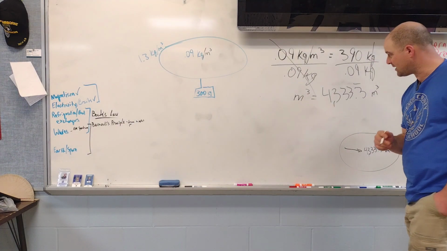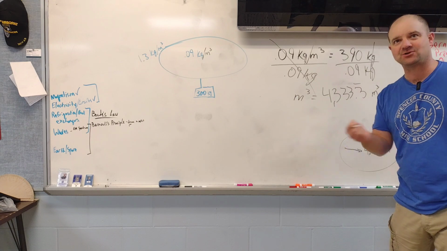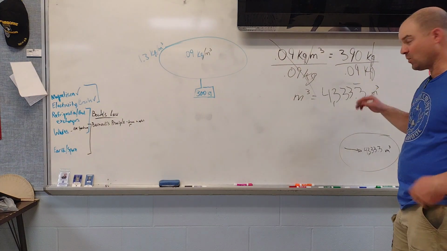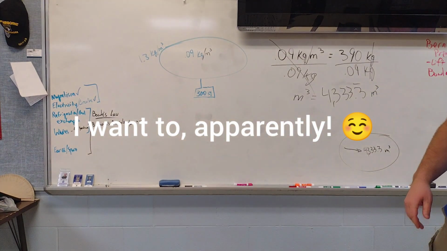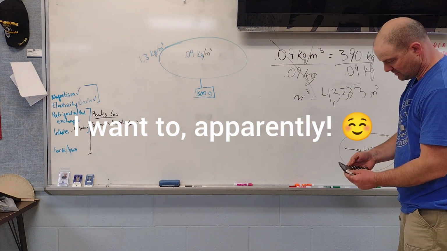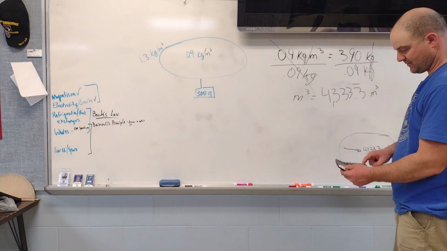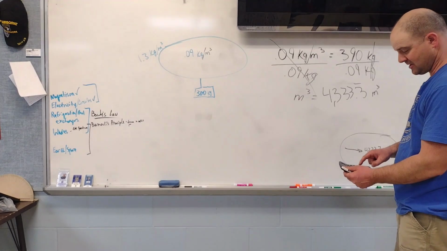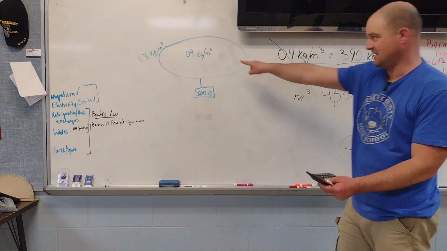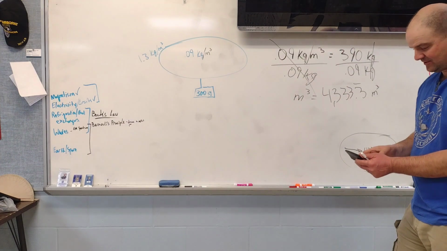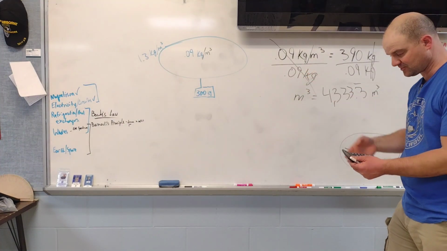And if we want, we can say, well, how much weight in hydrogen is there? So I could take that number. Let me get my calculator. 4,333.3 times the weight, 0.09, for each of these cubic meters is 0.09 kilograms, right?